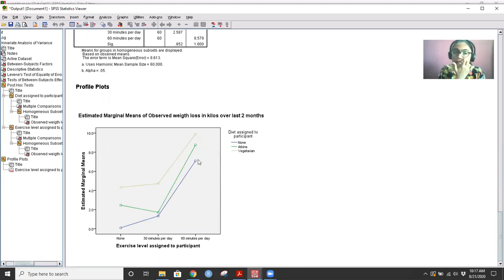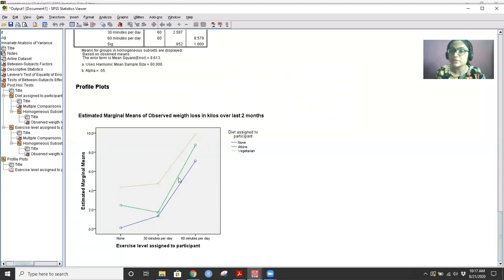There are two key things which you should understand. If the profile plots show that lines are more or less parallel and follow a similar path, that means there is no intersection of lines, as you can see. That means the interaction effect of both the factor variables, or the categorical variables, is not present.